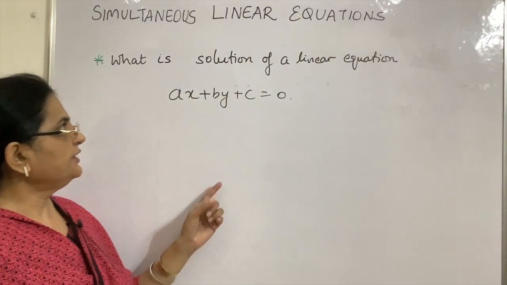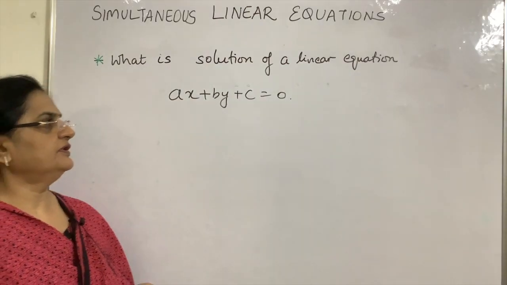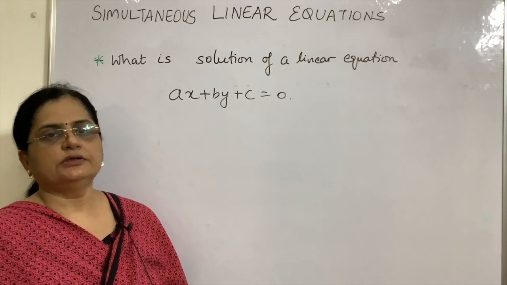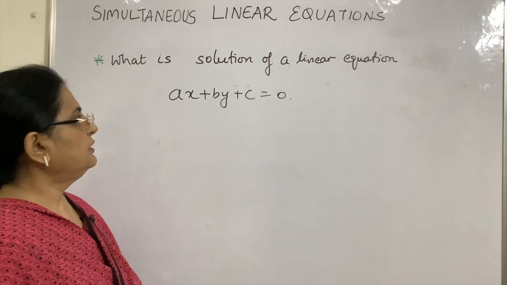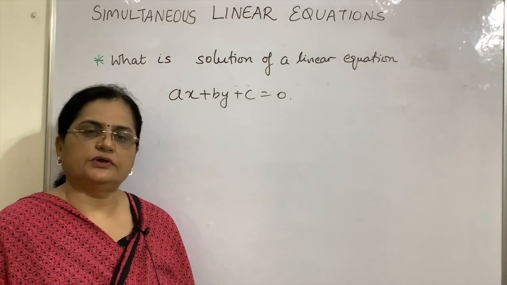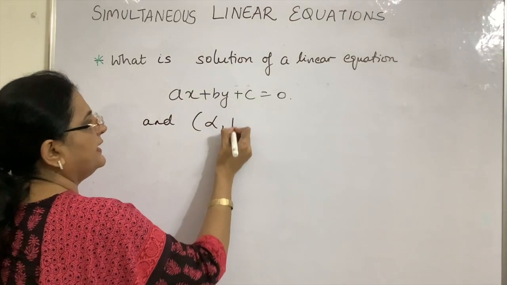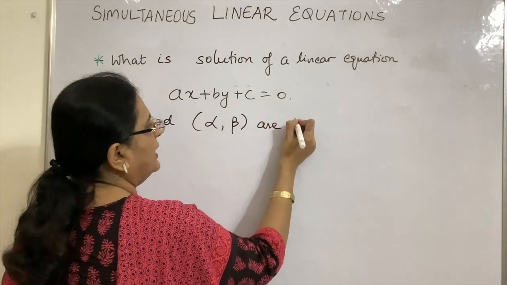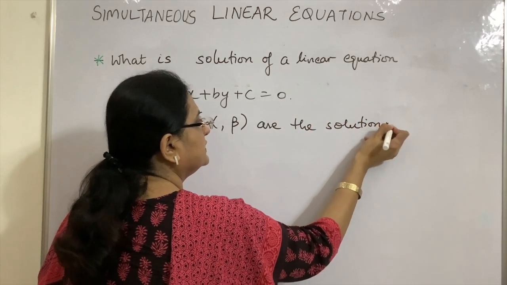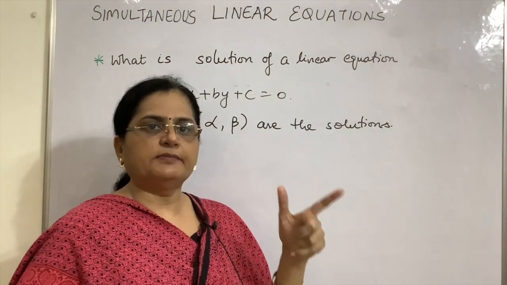The next thing we need to understand is what do you mean by the solution of a linear equation. When we say solution of a linear equation, what does this mean? So let us have a linear equation ax plus by plus c is equal to 0, and let me say alpha and beta are the solutions. One thing you must notice is that the solution always exists in ordered pairs.